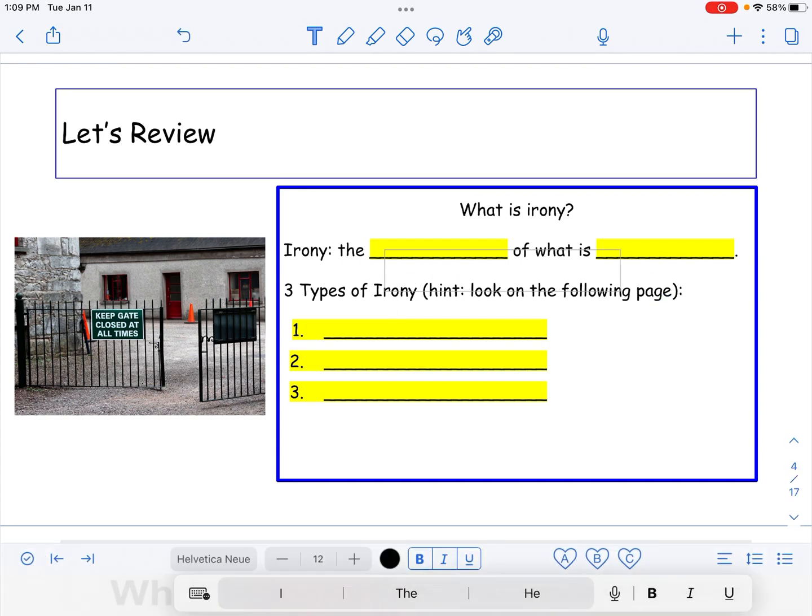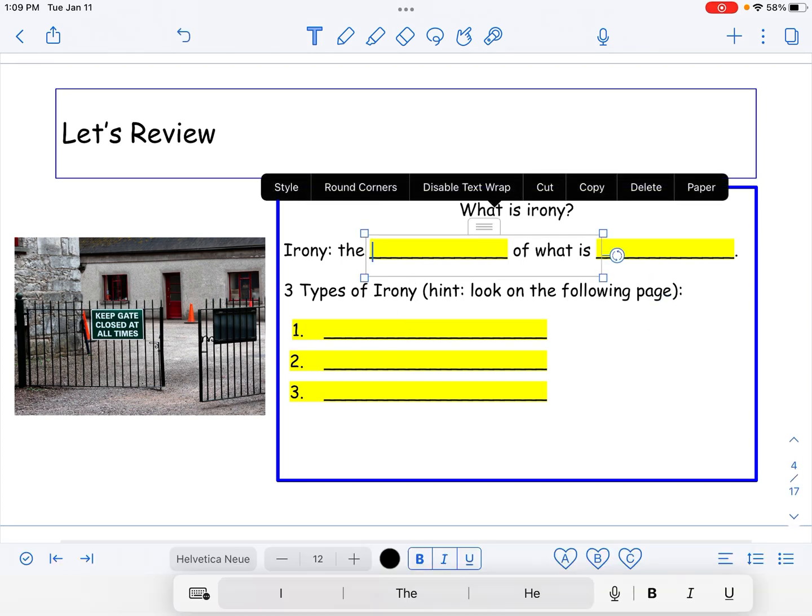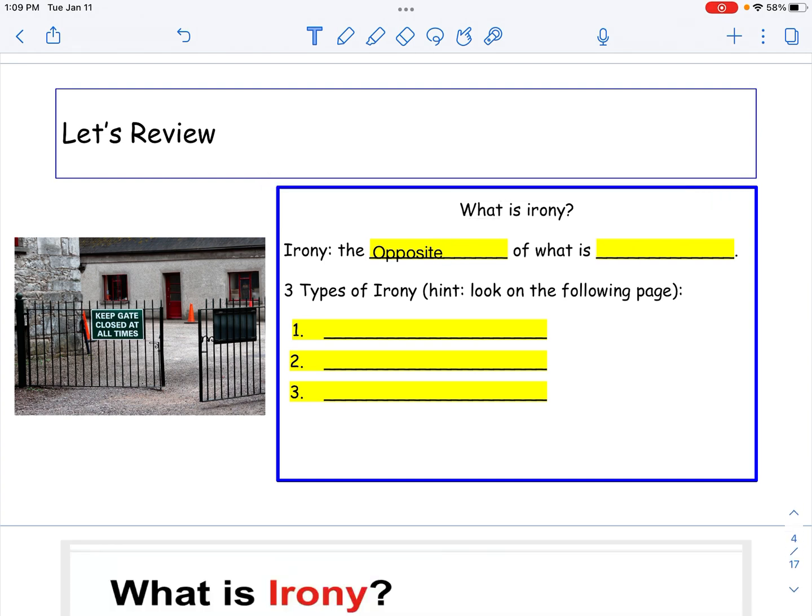It's the opposite of what is blank. I want to see if you could fill in the next blank. After you do that, I want you to write down the 3 different types of irony. We learned about 2 this week, and we're learning about a new type today. Hint, hint, look at the following page.